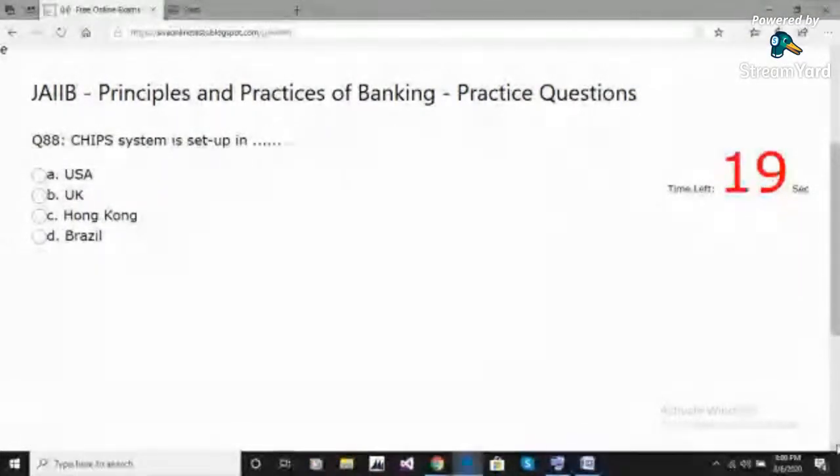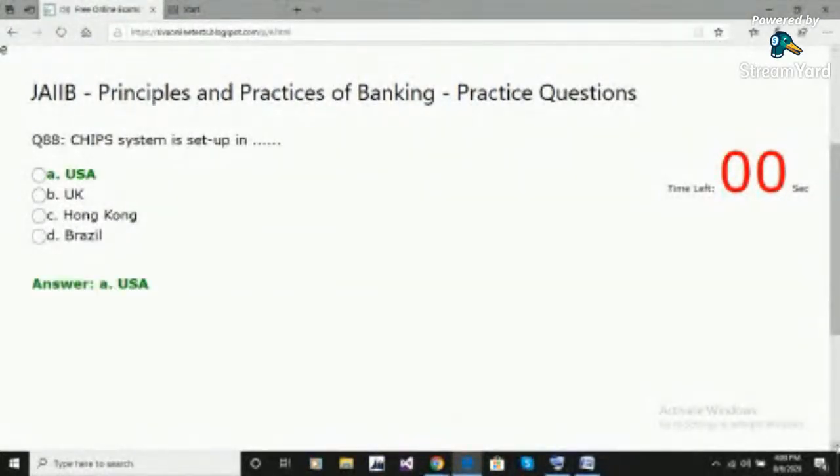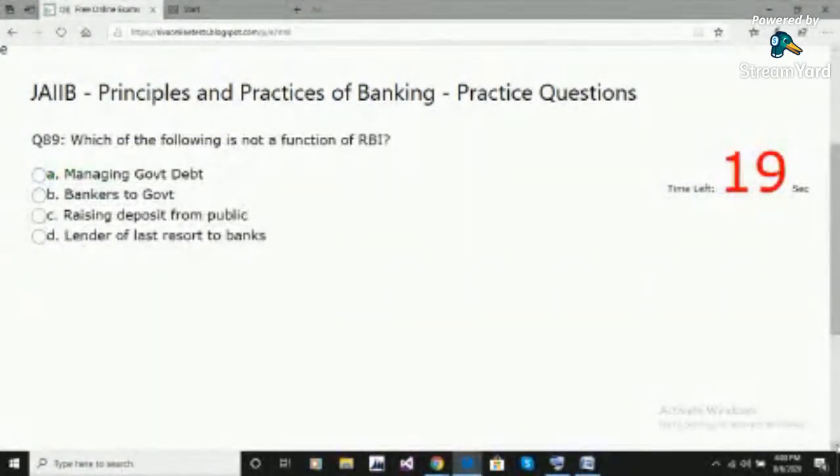Question 88. Chip system is set up in Option A USA, Option B UK, Option C Hong Kong, Option D Brazil. Answer A USA. Question 89.